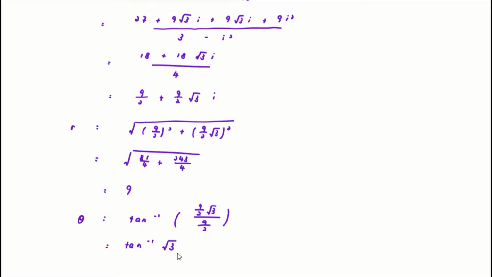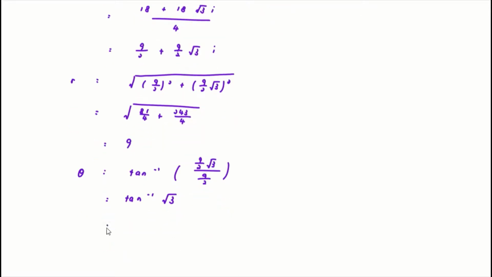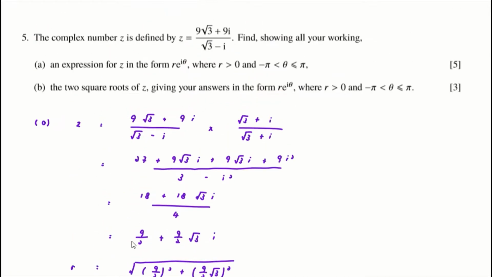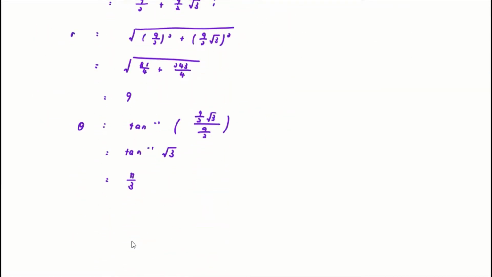Okay, so by using the calculator, we'll be able to get pi over 3. So in this case, we'll be able to write down our z. Okay, so z will be equal to 9e to the power of pi over 3 i. Okay, so that's the answer.